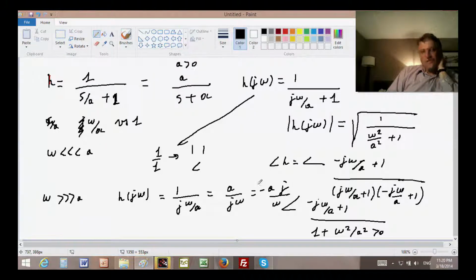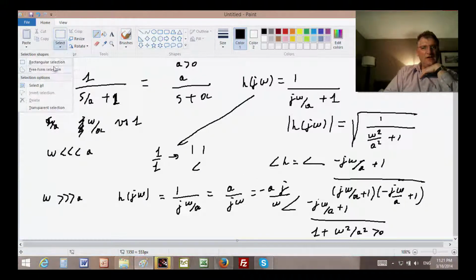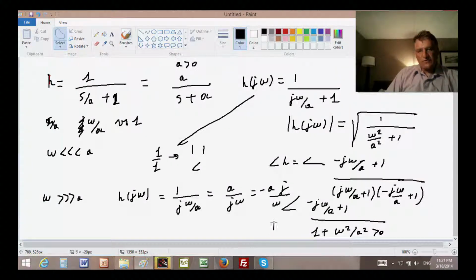Once again, we can compute the magnitude fairly easily. We have done it a few minutes ago. And we can certainly compute the phase very easily as well. I can do that right away.